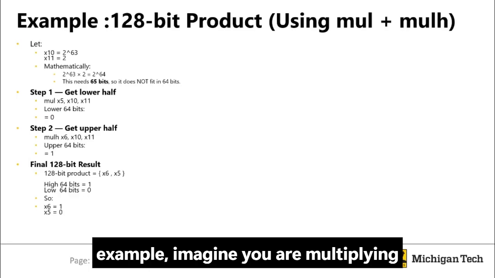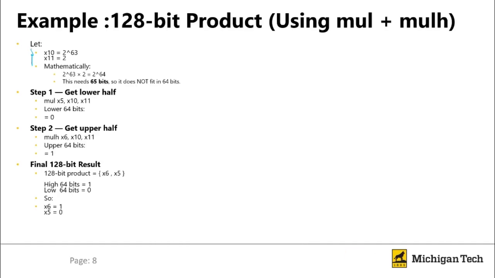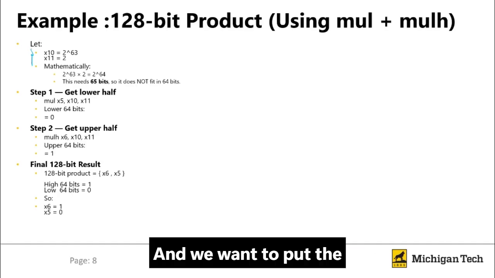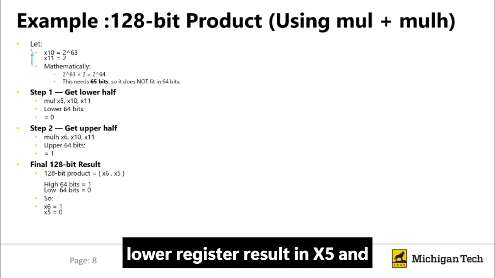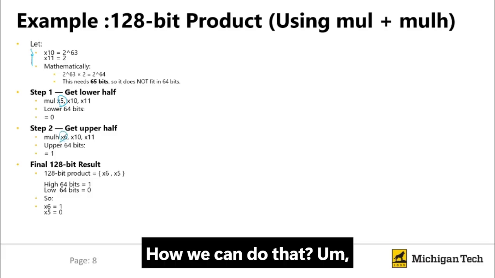Imagine we are multiplying two registers, x10 and x11, and we want to put the low register result in x5 and the high register in x6. How can we do that?